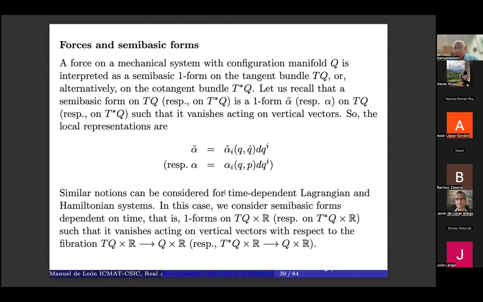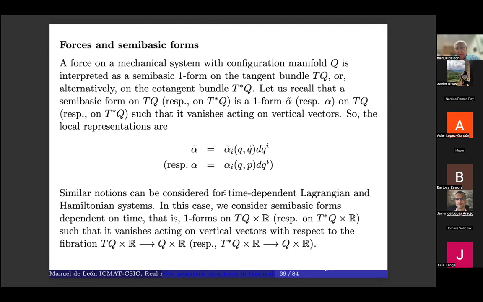A semi-basic form is just a form which vanishes on the vertical vectors. So in the tangent bundle, you have coordinates q dot. The one-form has components depending on q and q dot, but only has components in the dq's.